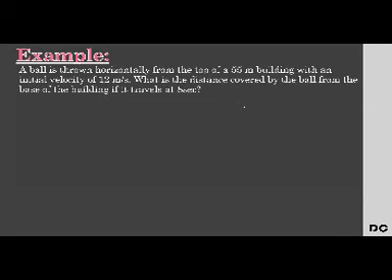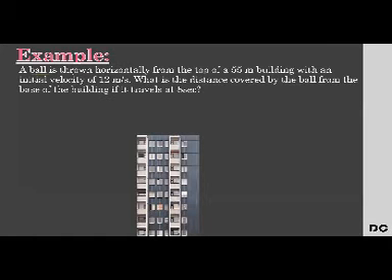So that is the reason it is not always on the ground. For example, in this case, the ball is thrown horizontally from the top of a building.